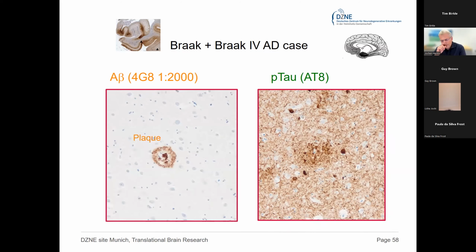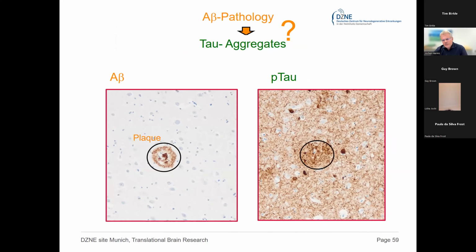If you stain for A-beta in this region of the brain, often you see very few plaques. And it's difficult to understand why you have this tau pathology. The tau pathology at the plaque is due to the plaque. We said these dystrophic axons are the consequence of the fibrillar A-beta. However, we have difficulties explaining phospho-tau in neurites distant from the A-beta plaques. And this is the pathology that mainly contributes to synapse loss in this part of the brain.